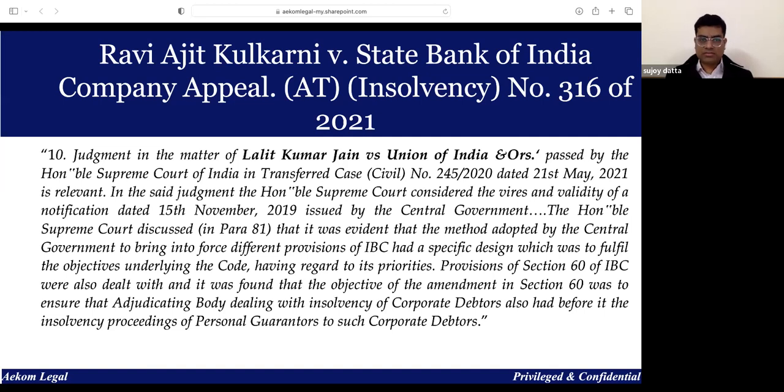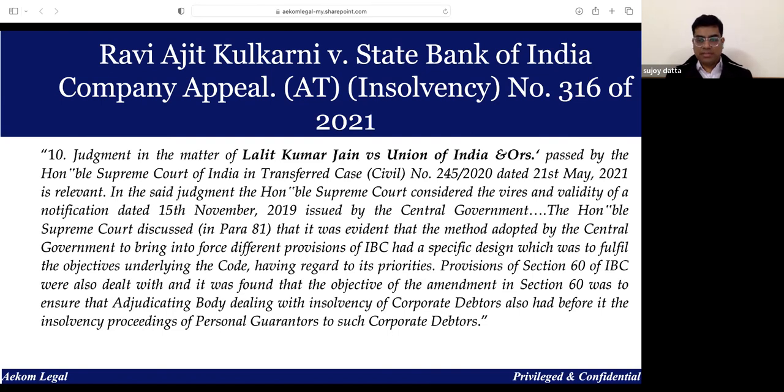So part of the IBC was notified, and it was discussed in para 81 that the method adopted by the central government of bringing into force different provisions of IBC at different times has a specific design, and that design is intended to fulfill the objectives of the code having regard to its priorities.